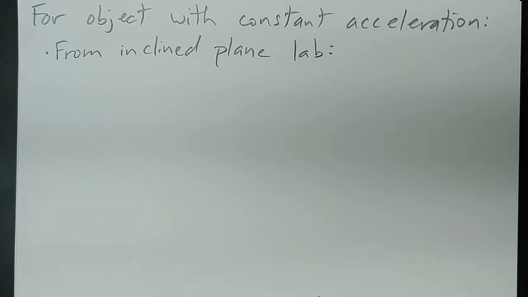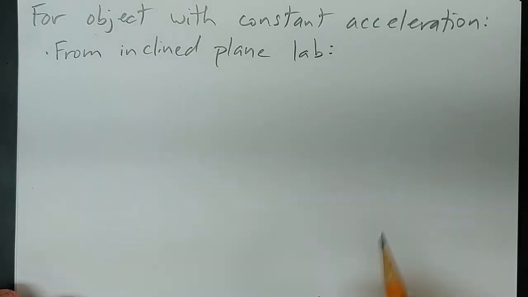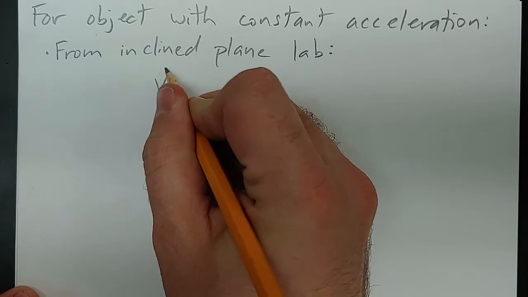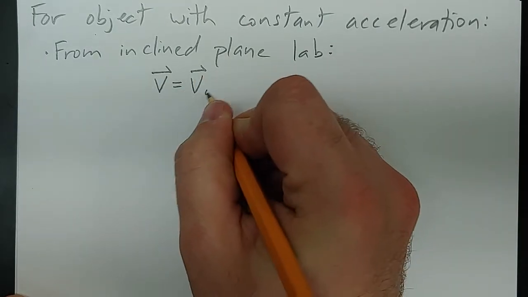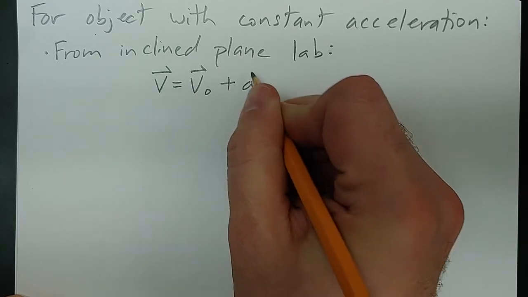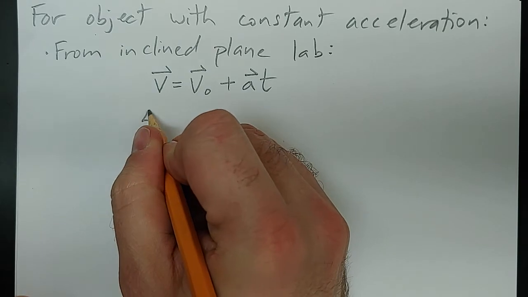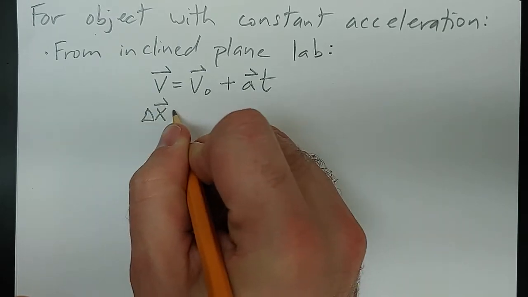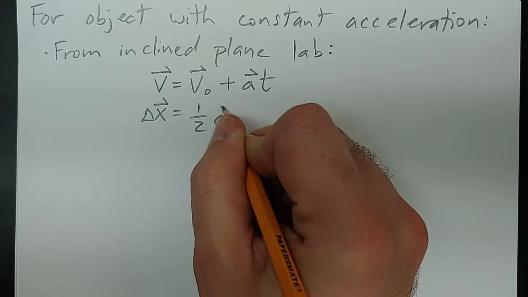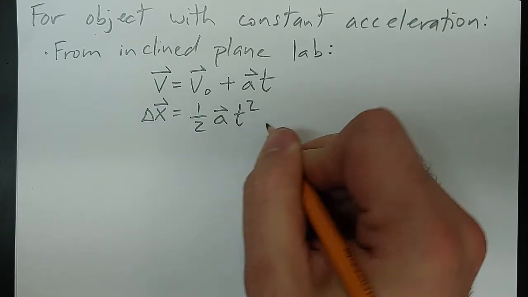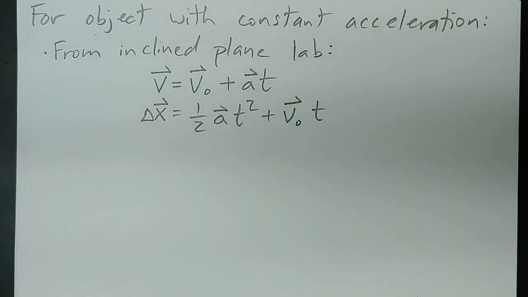Everyone wound up with the same relationships, and so it was generally true, as long as you have a constant acceleration, that the final velocity of an object is equal to the initial velocity plus the acceleration times the time. And we also figured out that the displacement of the object would be equal to 1/2 the acceleration times the time squared plus the initial velocity times the time.